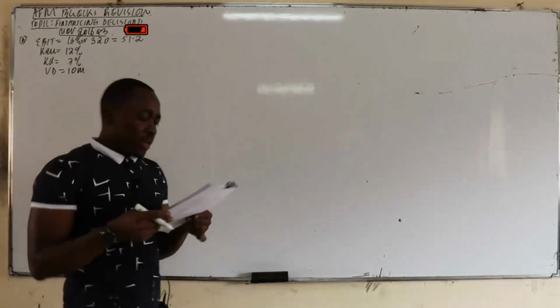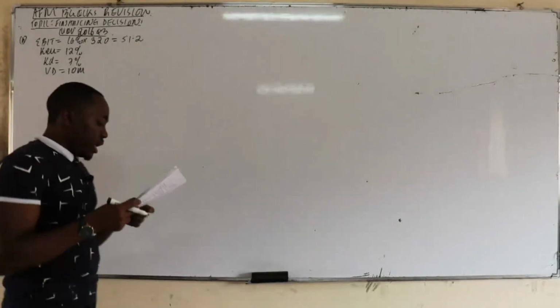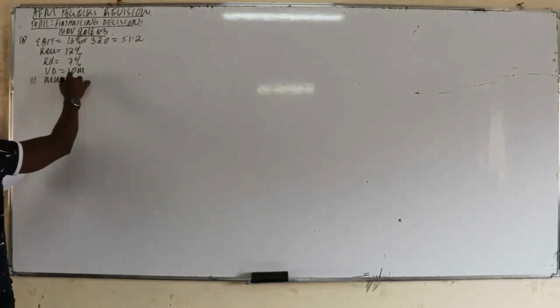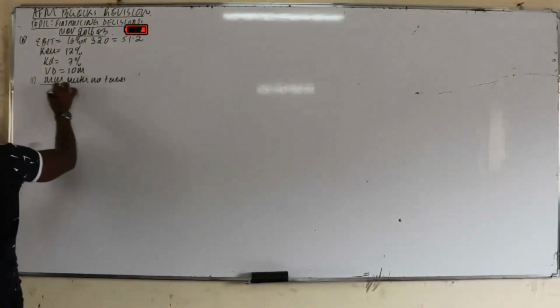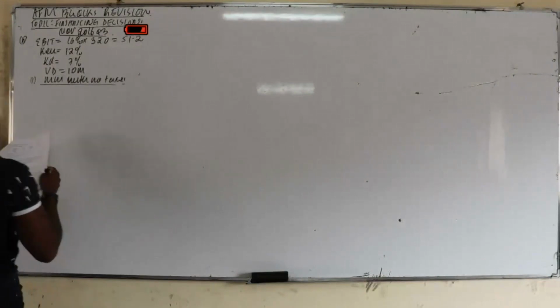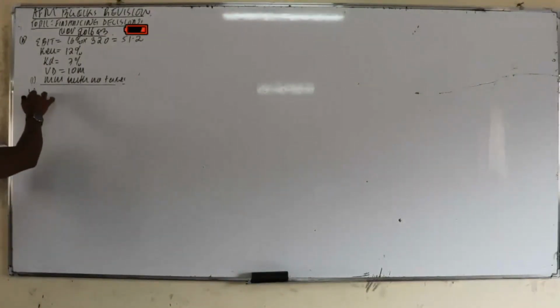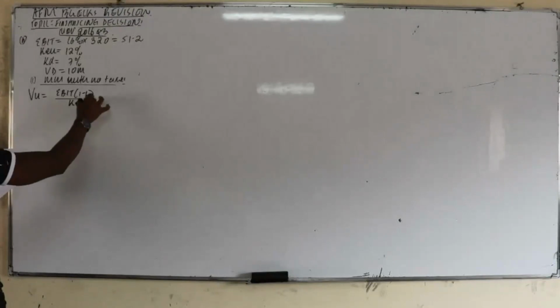Assume that the Modigliani and Miller assumptions apply. Required: using the MM model without taxes, number one, MM with no taxes, determine the value of the unlevered firm. The value of the ungeared firm is EBIT times 1 minus T over cost of equity of the ungeared firm.